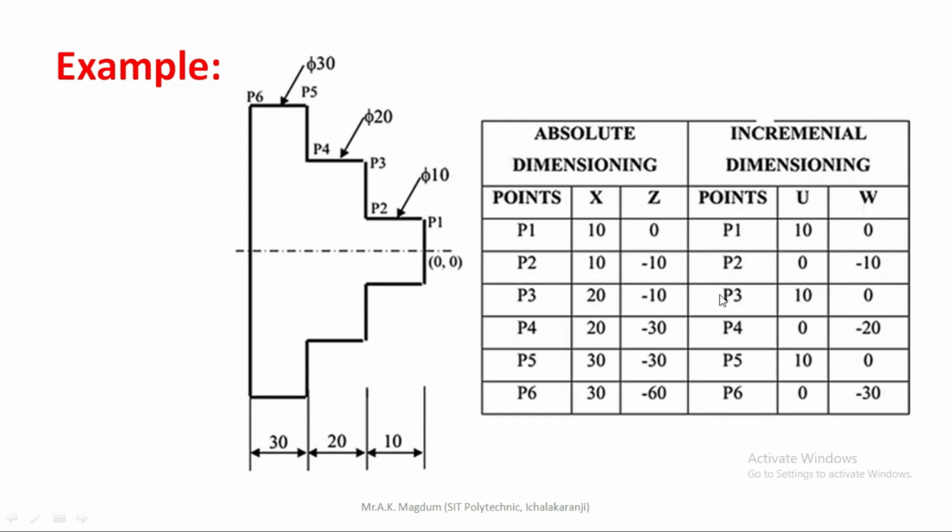So here we directly mention the diametric value, that is 10, with no need to give the actual dimensions. That is the basic difference between the absolute coordinate system and the incremental dimensioning system. In this way we prepare the coordinate table for the absolute and incremental dimensioning systems.